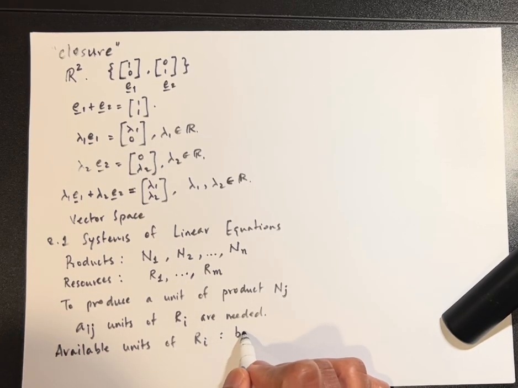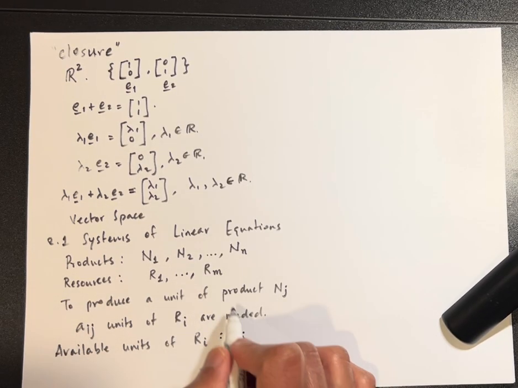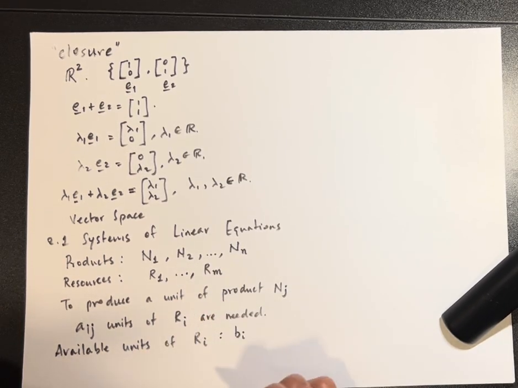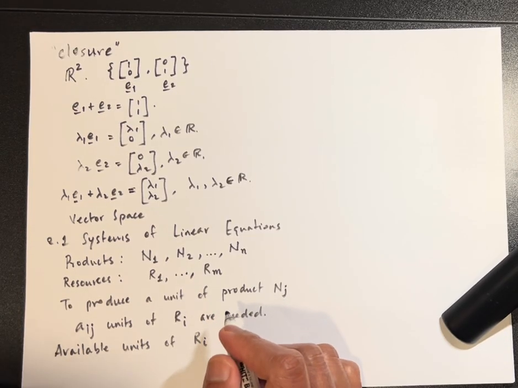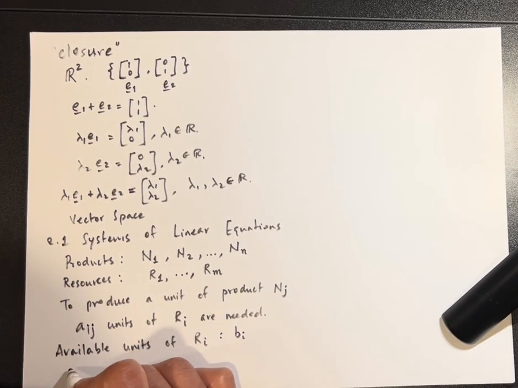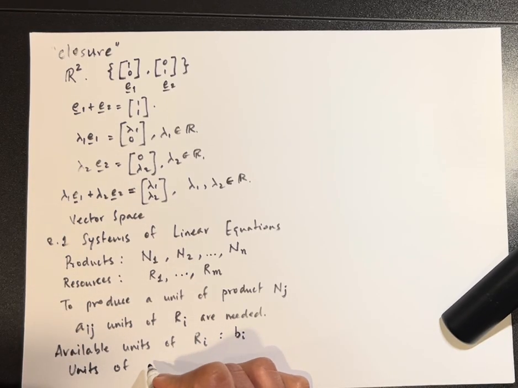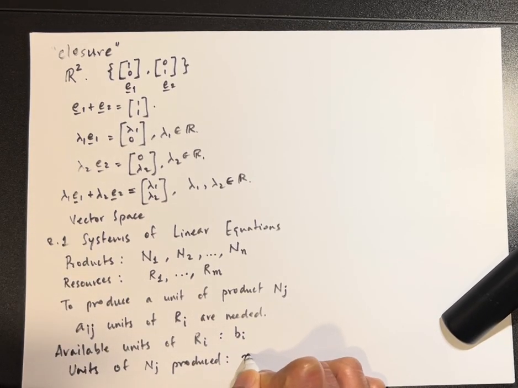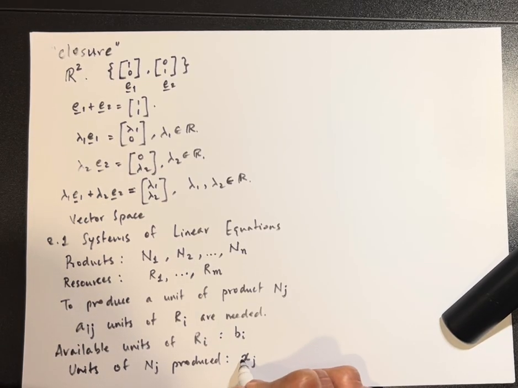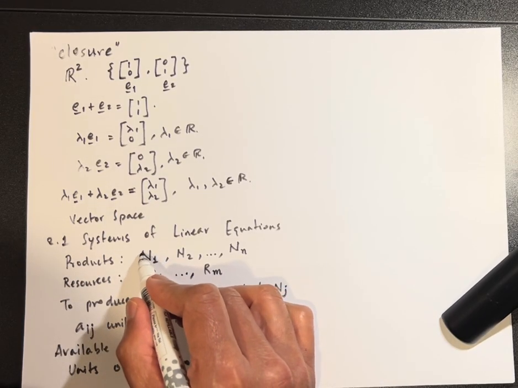And what we want is to make sure that we use all these ingredients, and then make as many products as required, right? Now the units of product Nj produced is denoted by Xj, which means, let's say this is pastry 1.